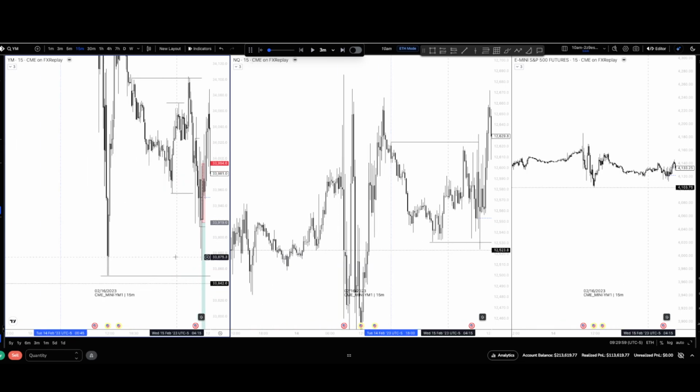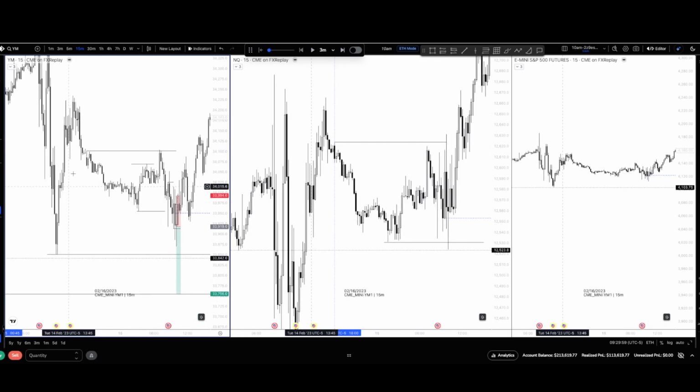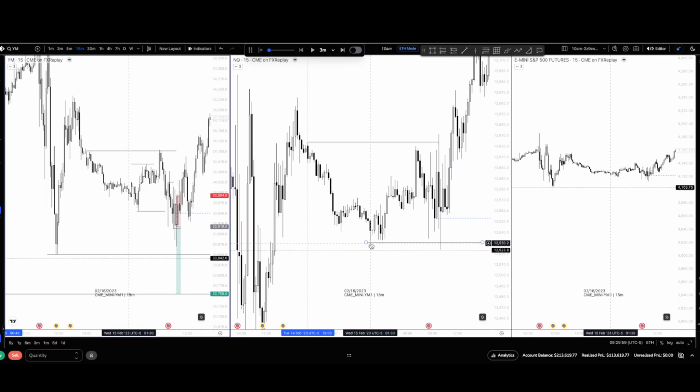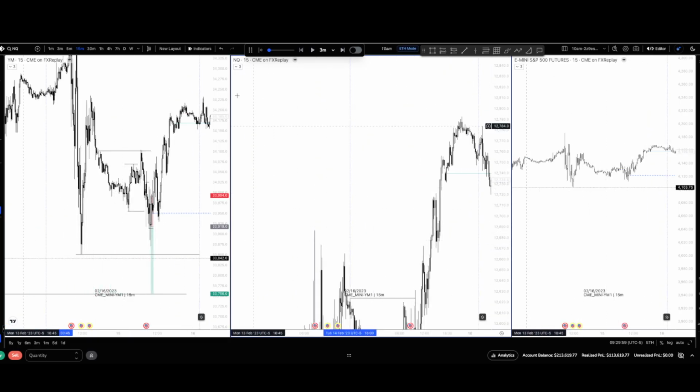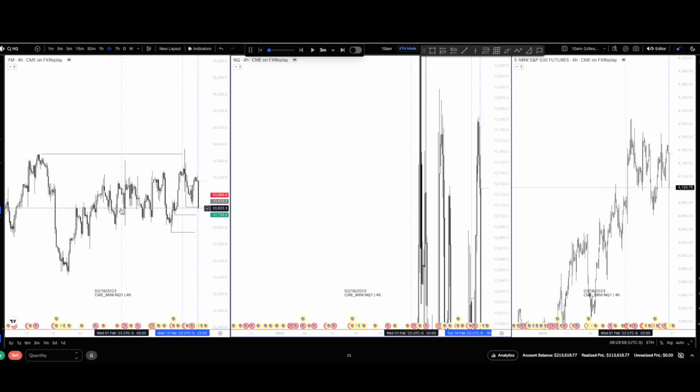50 to the obvious draw on liquidity, higher day set, SMT break, push downwards. Maybe why? Because NQ tapped into here and then reversed off of that. That's nothing though. Literally nothing. There was no reason that should have reversed price here to shoot to the moon, especially with the model that we are currently trading within, external, internal.